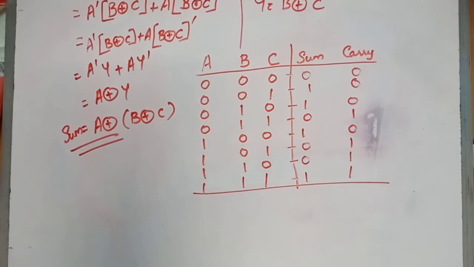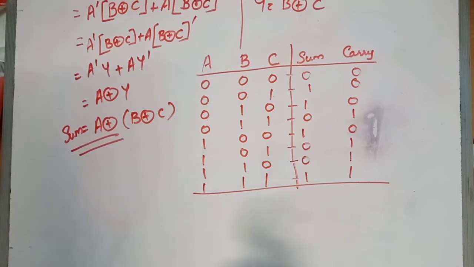So in this particular case, even if you draw the K map, the ones will be coming in diagonal cells only. So we can't group it with vertical or horizontal grouping. That's why I explained it like this when XOR or XNOR comes.